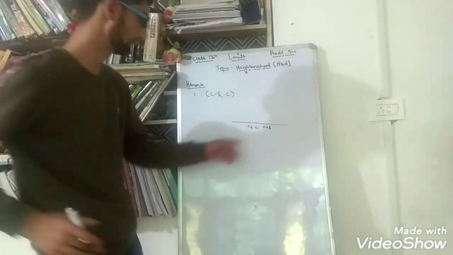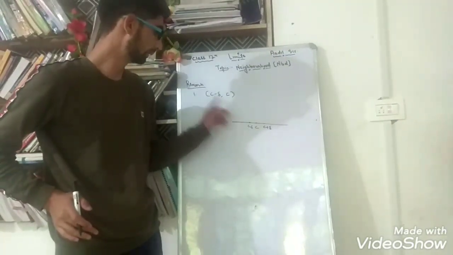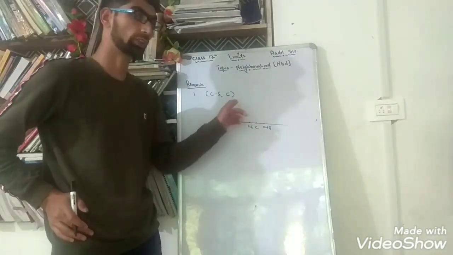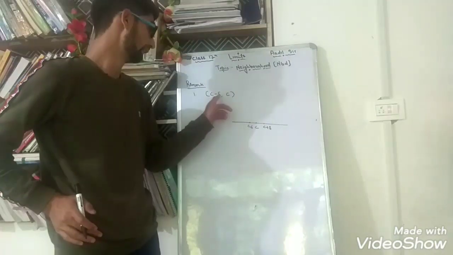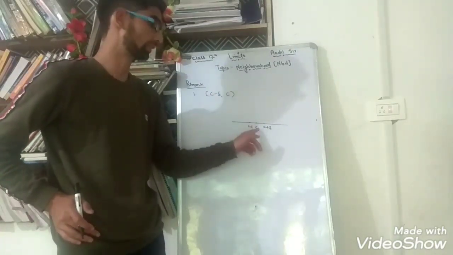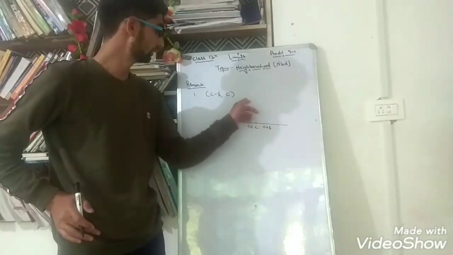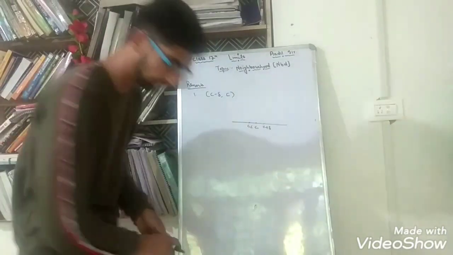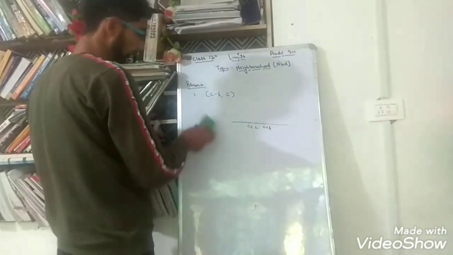If I take the open interval C minus delta to C, by the definition, that is the left deleted neighborhood of C. Similarly, C to C plus delta is the right deleted neighborhood of C. You write this.